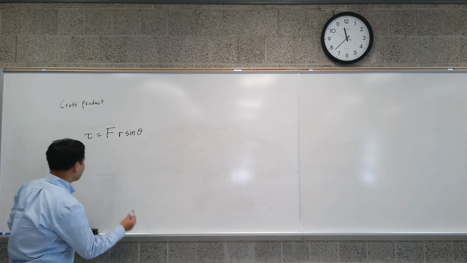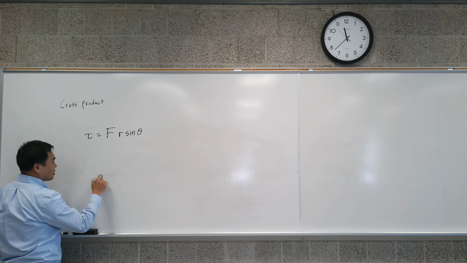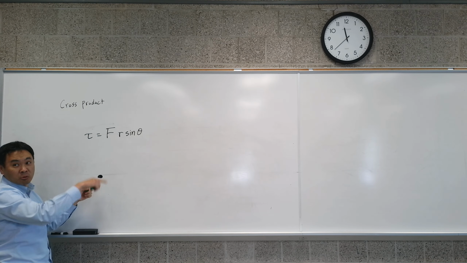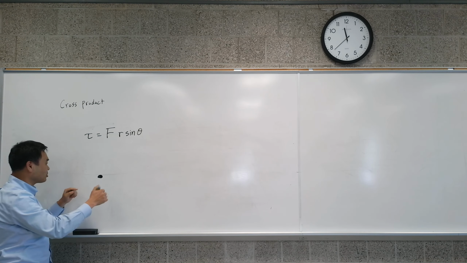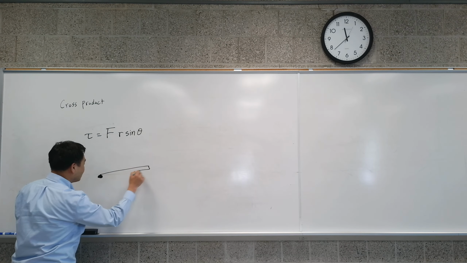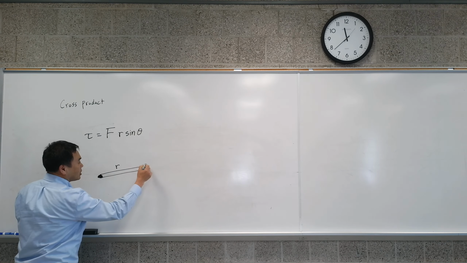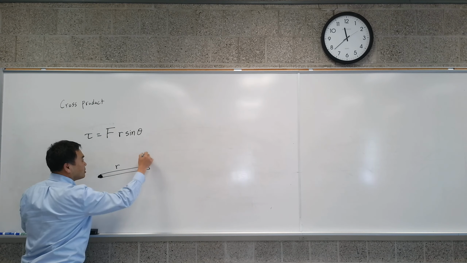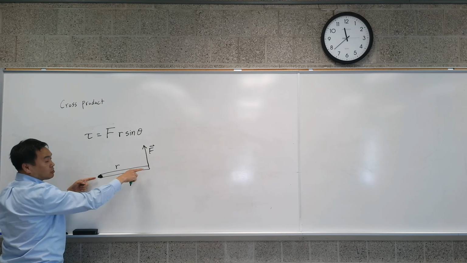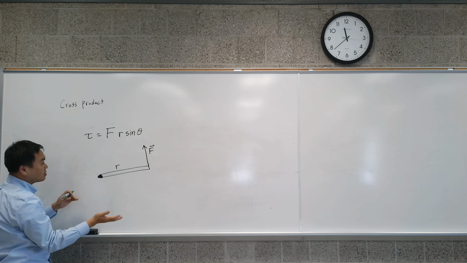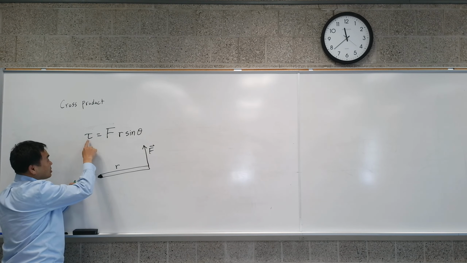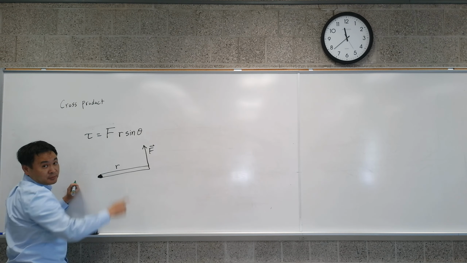Yes, exactly. So let's say you have this point that you're trying to rotate and there's a rod of length R, and if the force is perpendicular to this direction of the R, then the torque that's applied to this point is given by torque equals F times R, right?